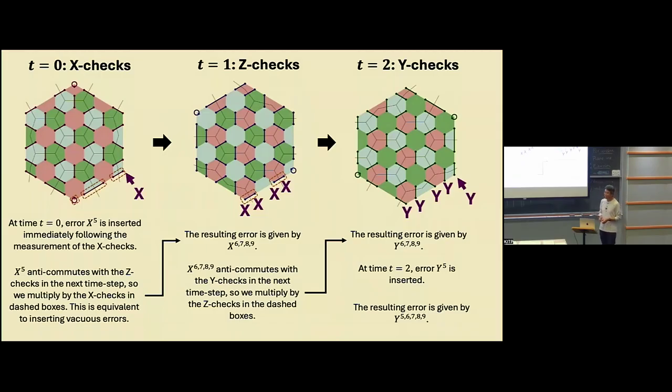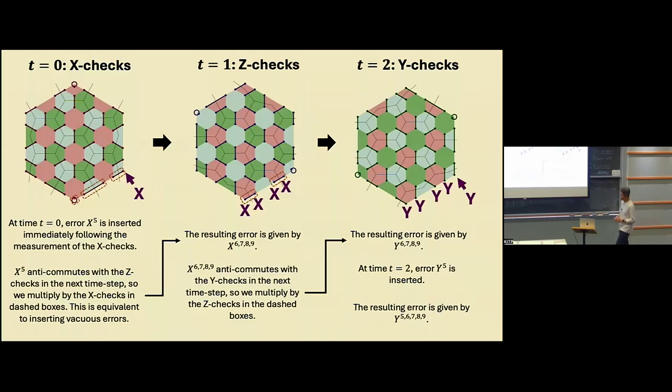But using these benign errors, if you could manage to transform a given error configuration into a logical operator using benign errors, then you're guaranteed that the underlying error that you started with is undetectable. You don't have to calculate your detectors. Benign errors are detector preserving transformations, and therefore, if it is ever undetectable at some point, then it's all undetectable.